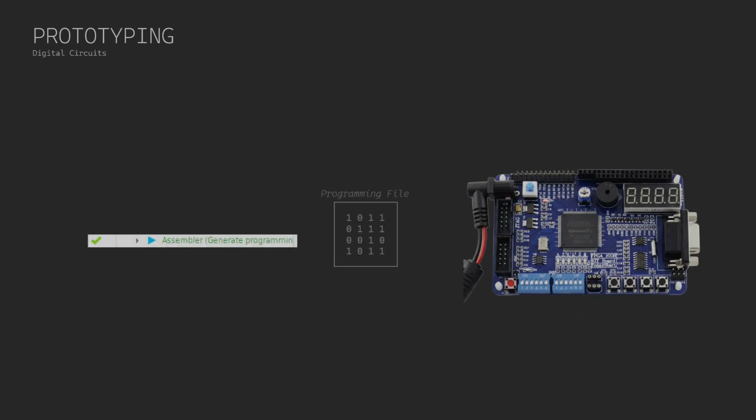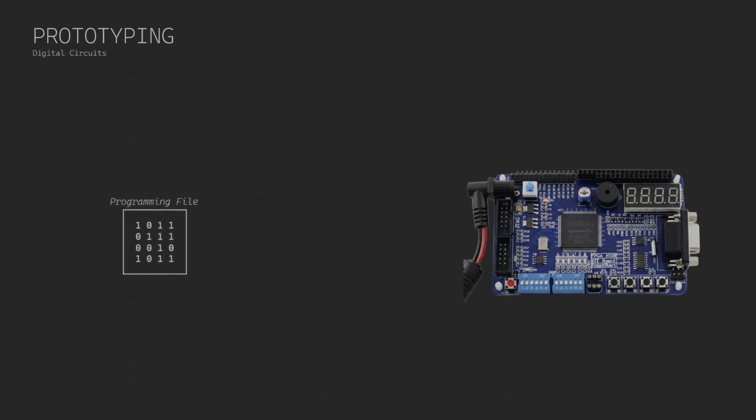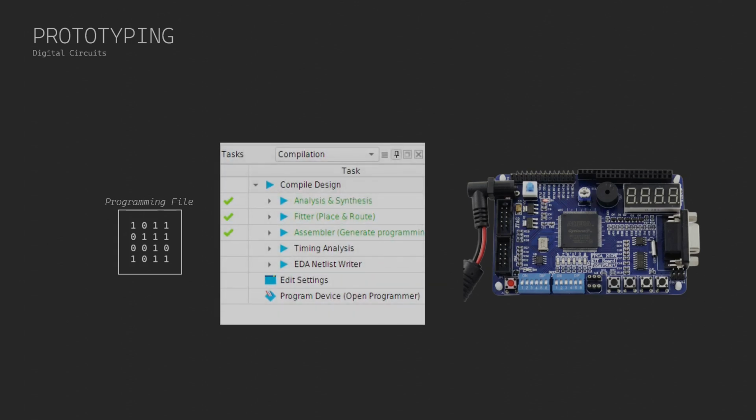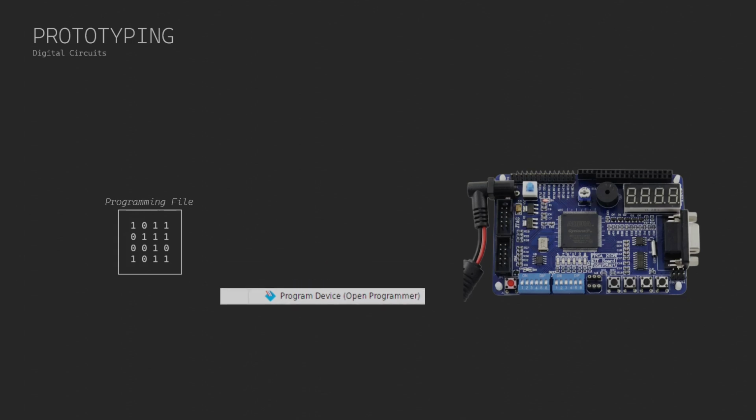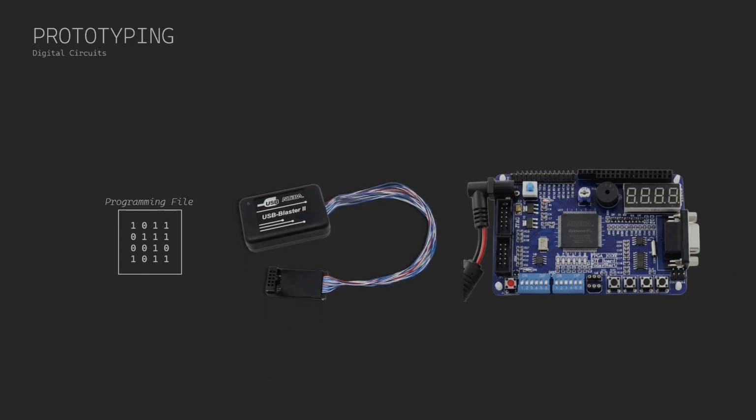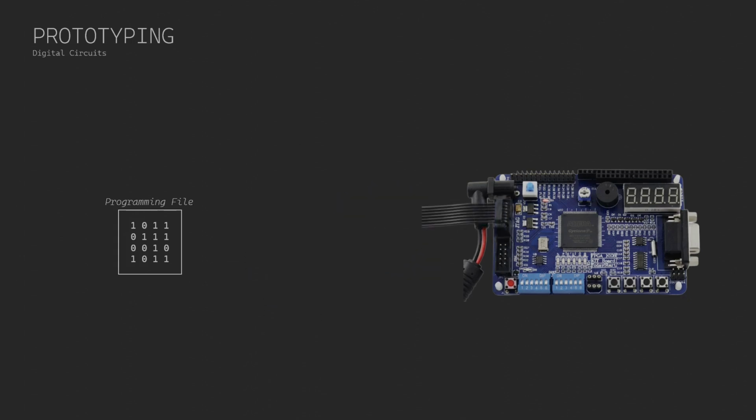The assembler will generate this binary file, also known as the programming file for the FPGA. For Altera FPGAs, it is called a .sof file. To program the device, we need to select the Program Device option. We use a USB Blaster from Altera to connect the board to our personal computer. Once we enable programming from the Quartus tool, the programming file will be dumped into the FPGA.